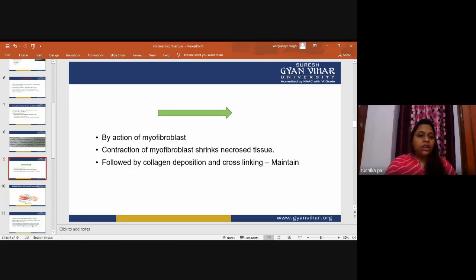So I'm talking about the grading system also. In the mild, it is a localized type of contracture in which only parts of the flexor digitorum profundus are affected, commonly presenting as flexion of a limited number of fingers, 2 or 3. In moderate, this is the classic type of contracture in which the flexor digitorum profundus and flexor pollicis longus are primarily involved.